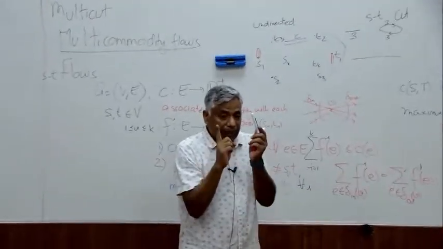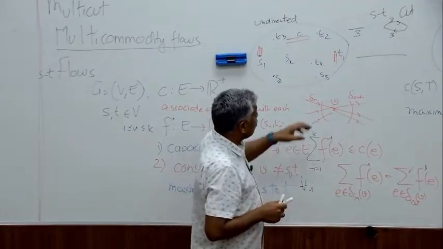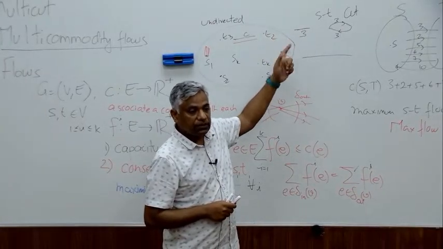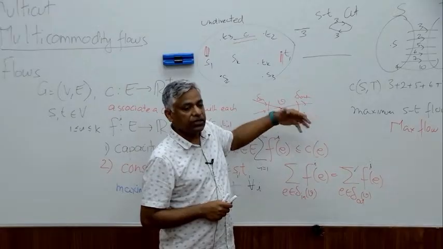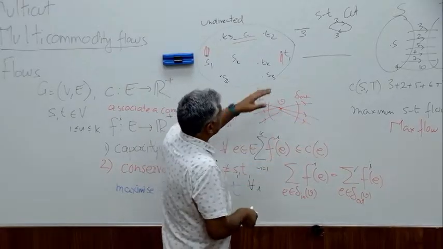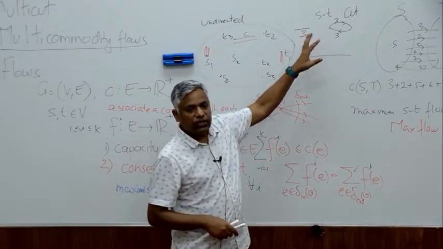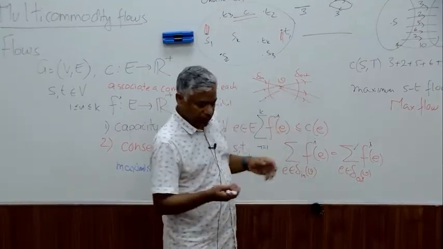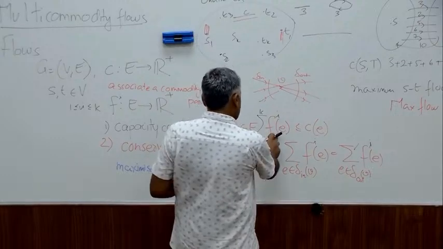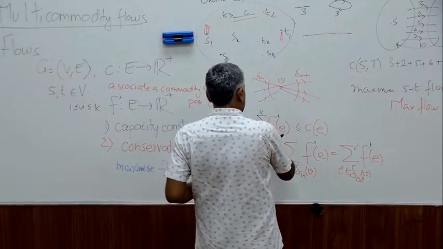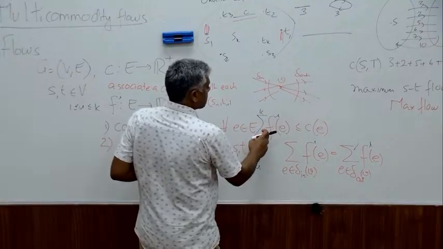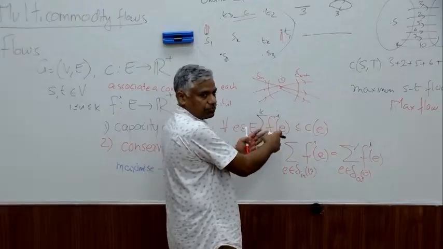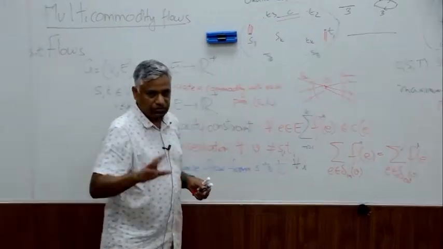But the total flow over these two edges put together should not exceed 3, not 6. This would be one way of thinking of it, that you actually associate a direction and then all this business of incoming and outgoing can be taken care of properly. But then here you should be saying sum over all edges. So I should have E and E reversed both summed. Minus the technical thing.